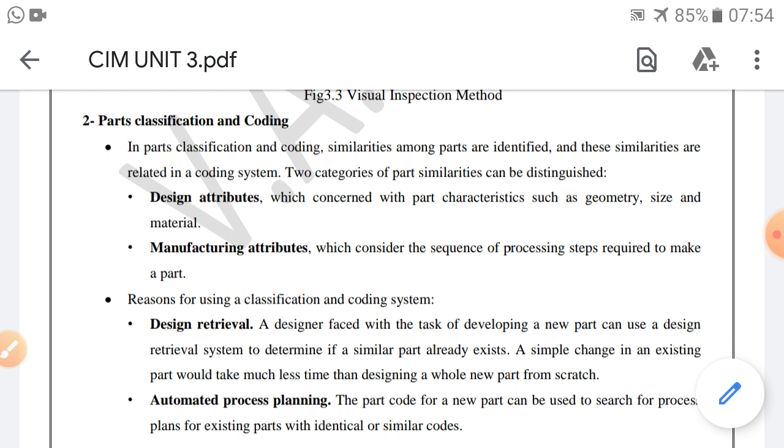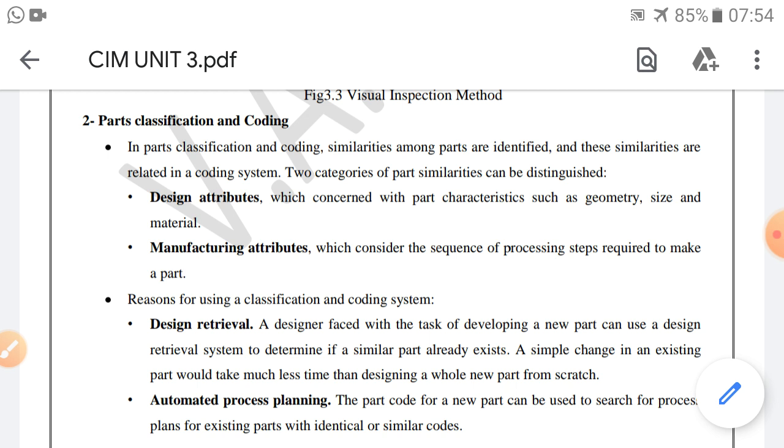Basically, part classifications are made, similarities among the parts are identified, and these similarities are related in a coding system. These similarities are coded in two different classifications: one on the basis of design attributes, related to design factors, and one with manufacturing attributes.